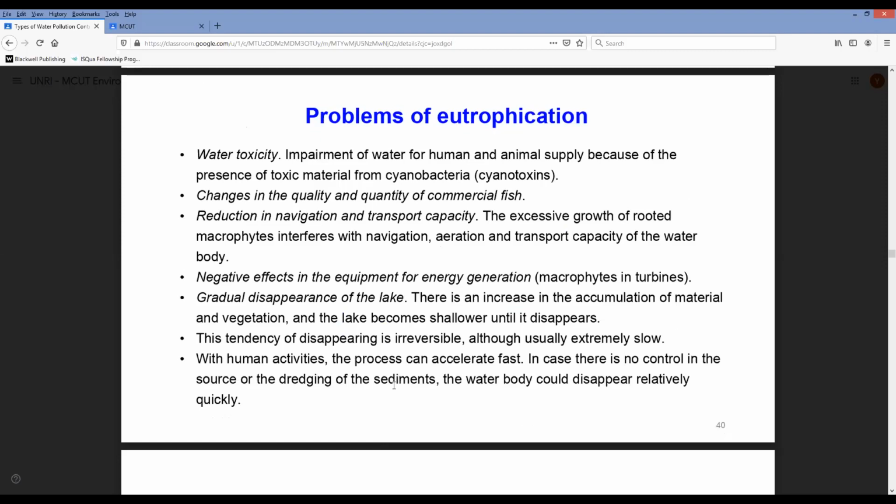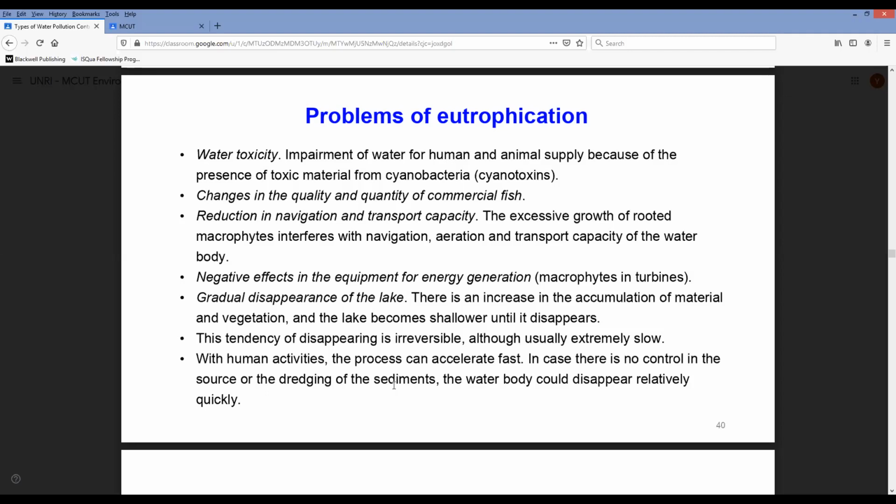And then the problems of eutrophication: the first one is water toxicity. It will damage the water supply for humans and also animals because of the presence of toxic material, and also the change in quantity and quality.